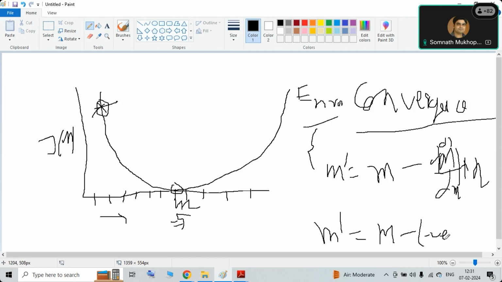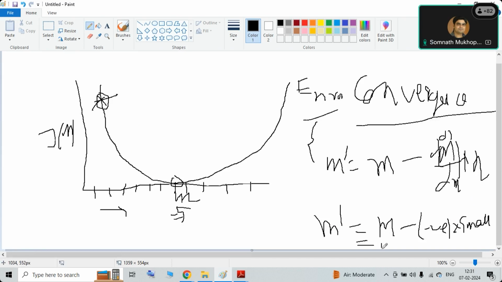So m dash will be m minus the gradient, which is a negative value, times the learning rate eta, which is some small value. So it will actually be m plus some small value.